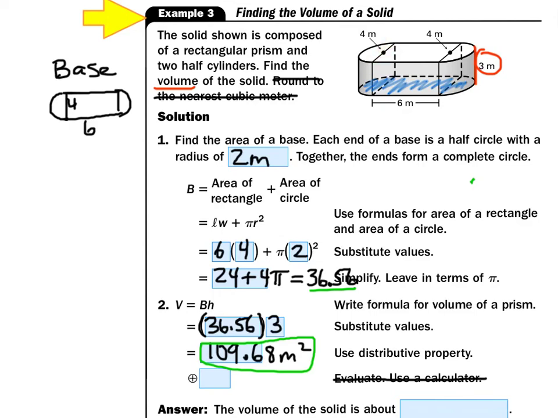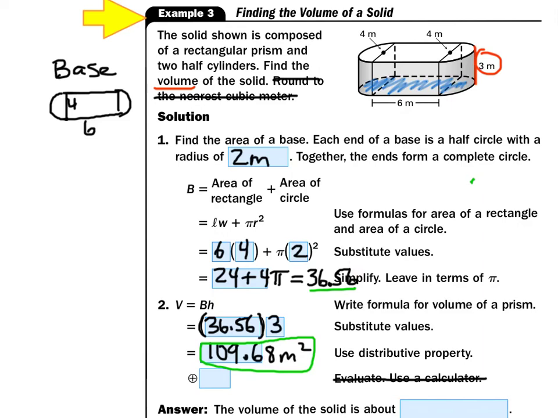Well, if the diameter of the circle was 4, the radius would only be 2, so that's pi times 2 to the second power. Well, 2 to the second power is just 4. So 6 times 4 is 24 plus 4 pi. Well, I multiplied pi times 4, and then I added that to 24, and I got 36.56.